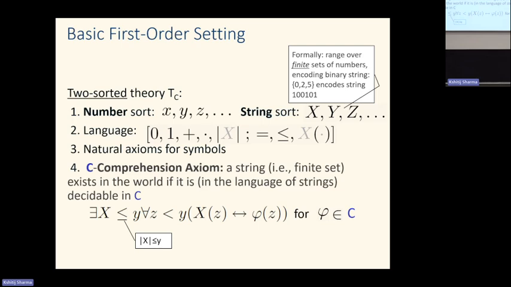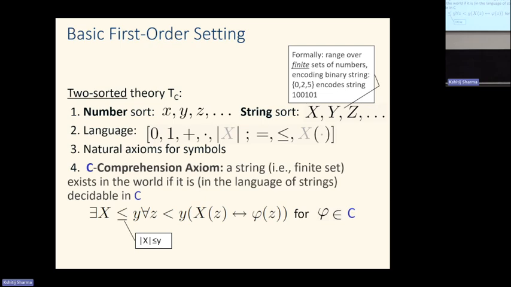It's not important to remember this. You have to think that there are numbers and there are strings, and then there's the language. The language has the constants 0 and 1 for numbers, and plus and times for these numbers. Then you have a string variable, and the function that says what the length of the string is, since the strings are finite.